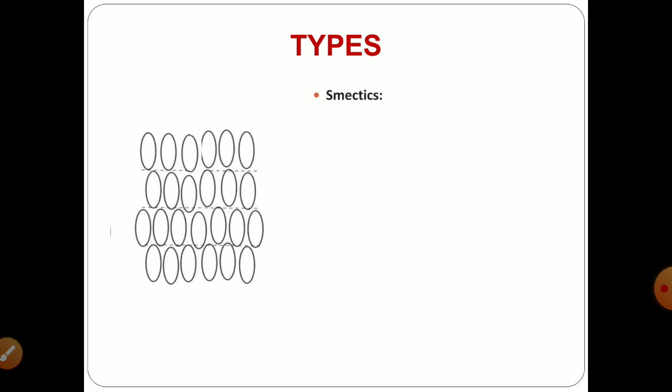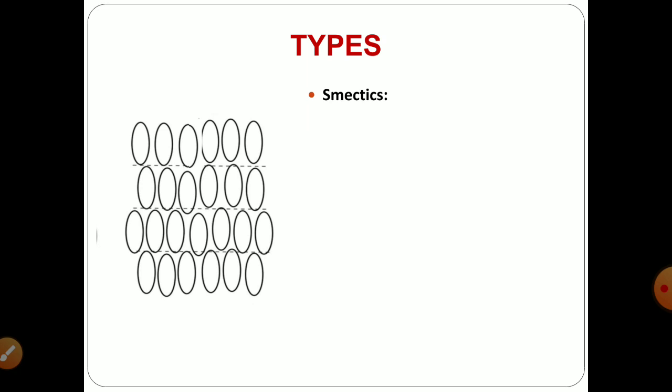The third class is smectics. The smectic phase of liquid crystal is characterized by a slight degree of translational order in their crystal molecules. They have orientation with orderly position.